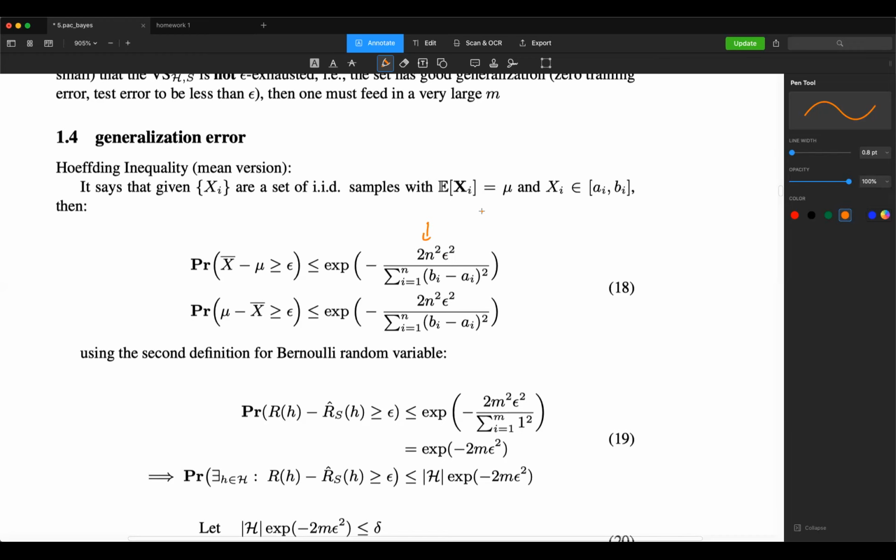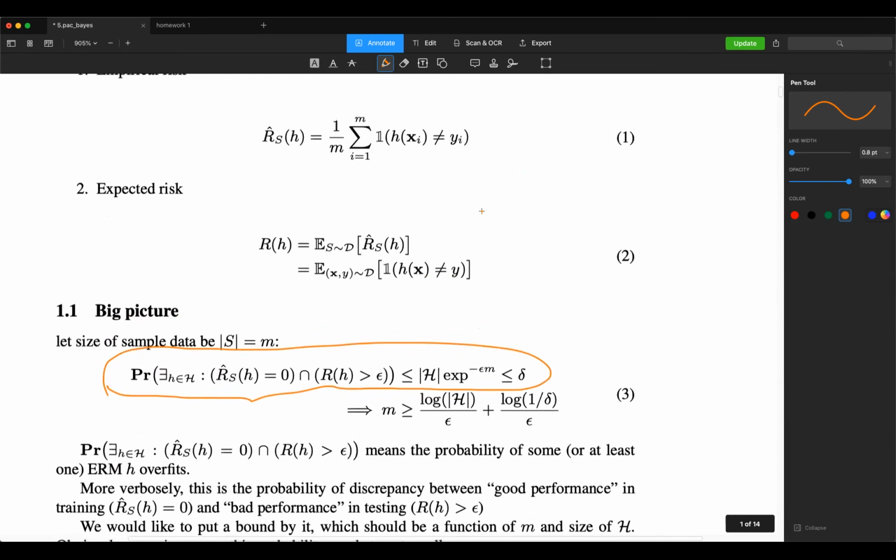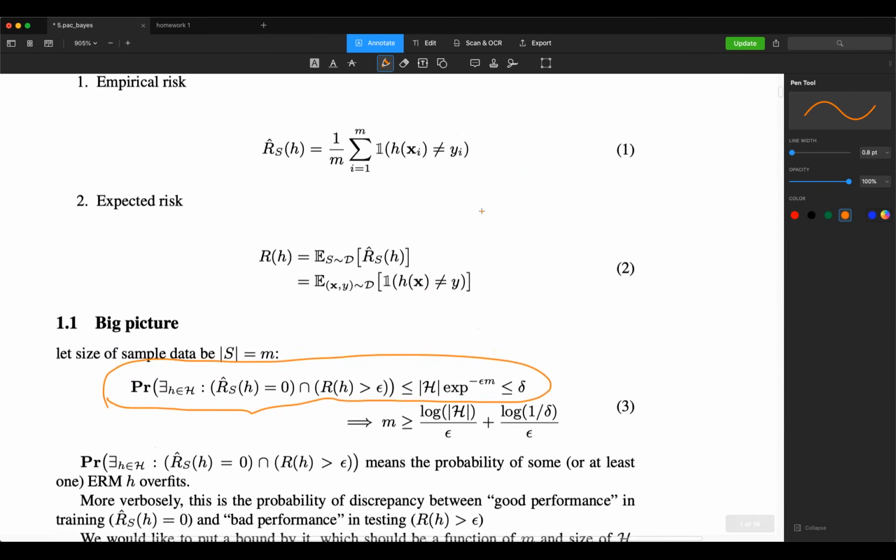In some cases, the empirical risk that we have just calculated, what is its range? What's the smallest value you can have and what's the largest value you can have? 0 and 1, right? 0 and 1, okay? Because you're taking the average.